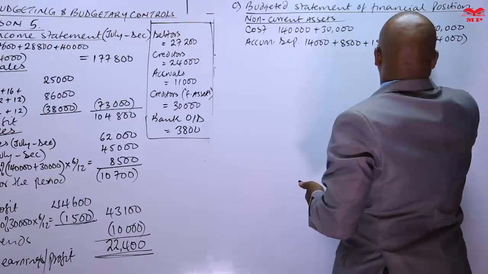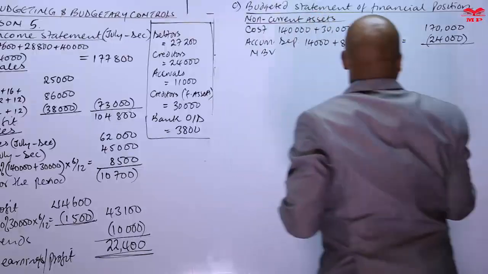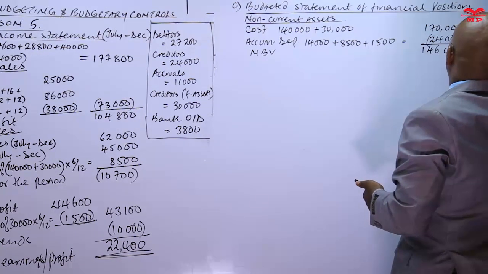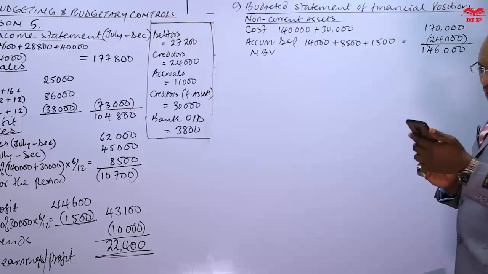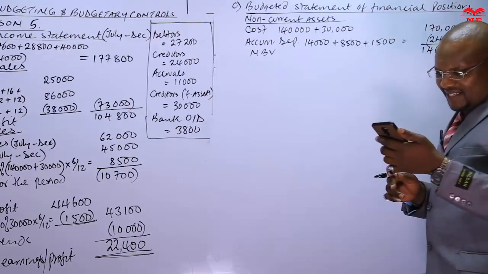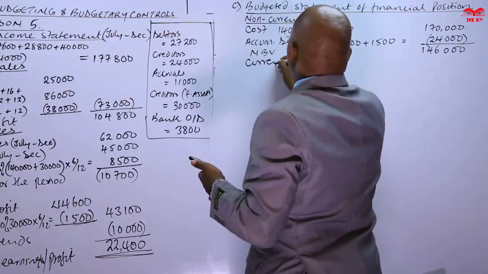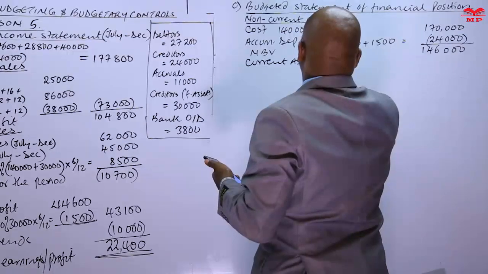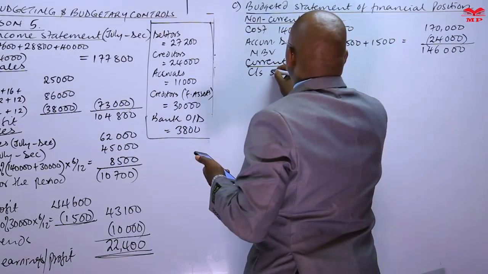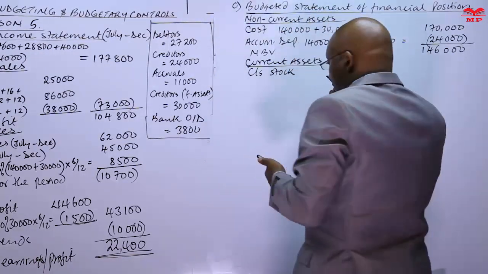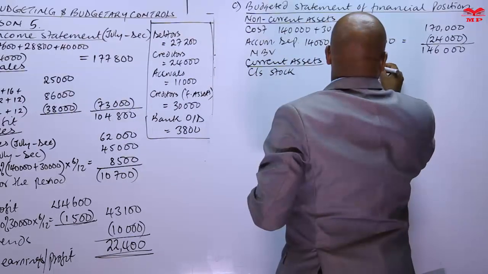So in that case, we can now say that our net book value is actually 146,000. We don't have any other adjustment to the non-current assets. We can have current assets. We do have the closing stock, which we have here already. It is 38,000.